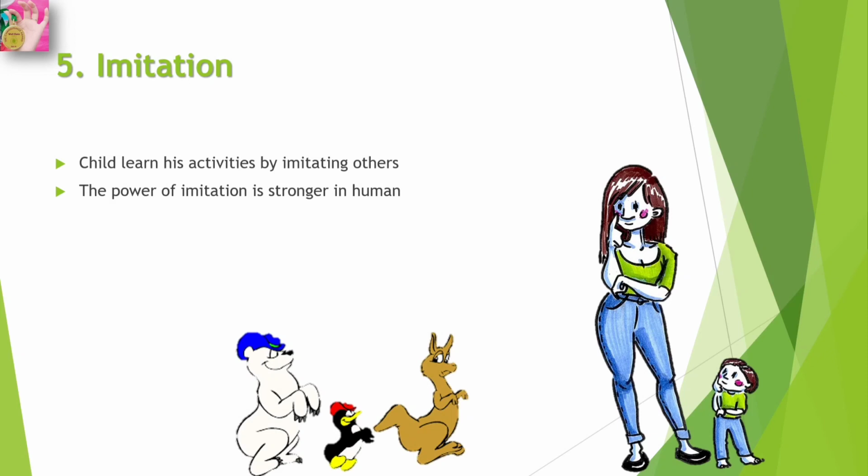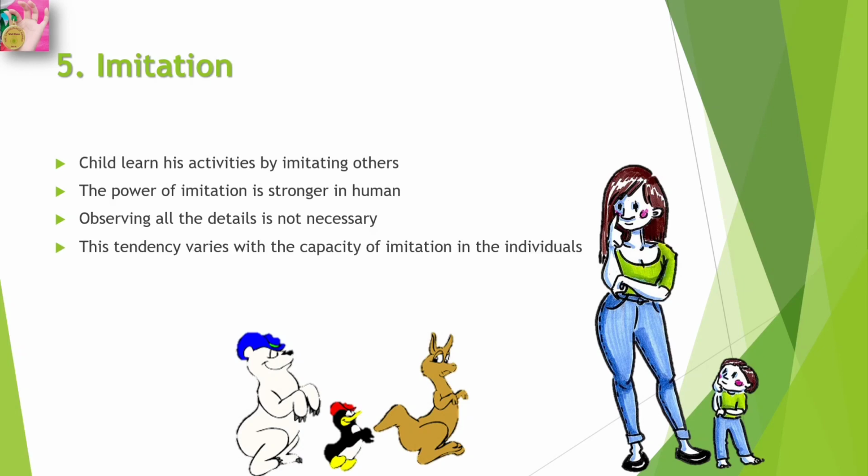It is not necessary that he observes all the details or imitates immediately, but he does copy. This tendency varies with the capacity of imitation in individuals, the characteristics of the models, and even the need to imitate. So this was all about imitation.